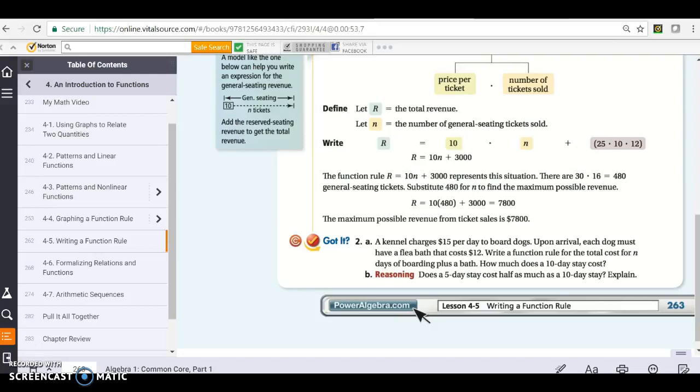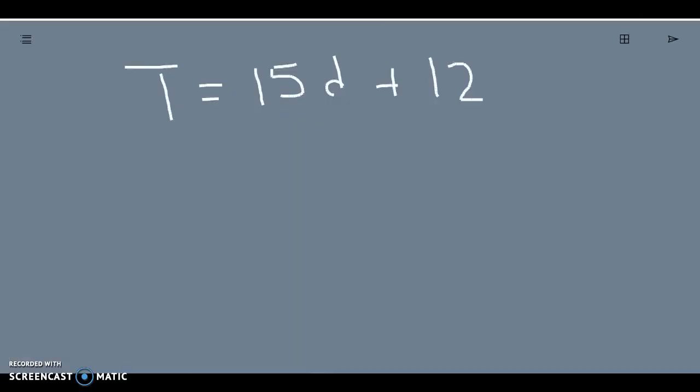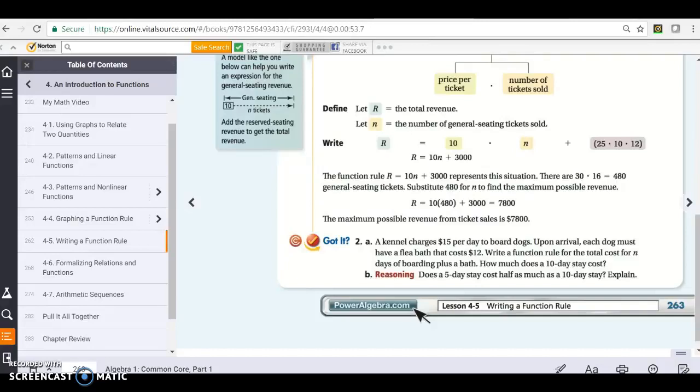So then we have our answer. That's our function rule for the cost. They told us N was the number of days, excuse me. So T equals 15N plus 12. I'm sorry, I didn't follow instructions. How much does a 10-day stay cost?